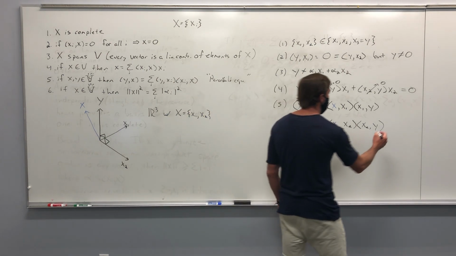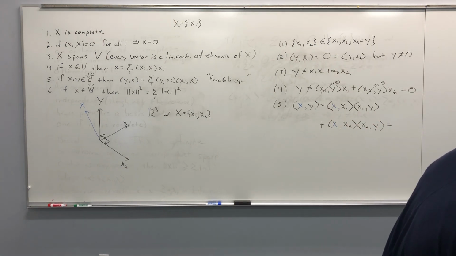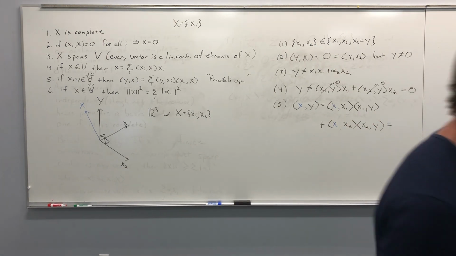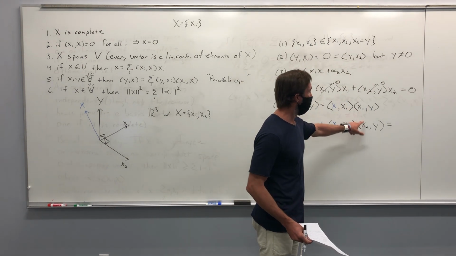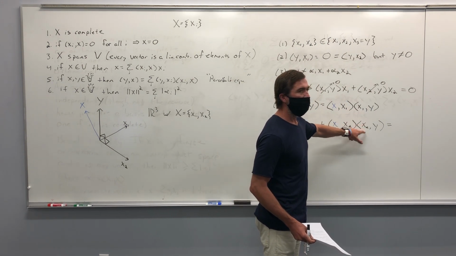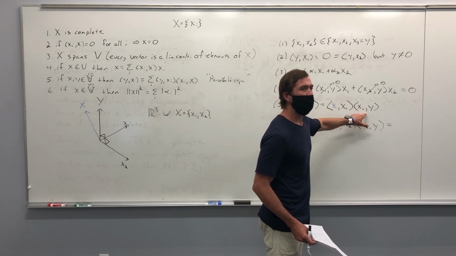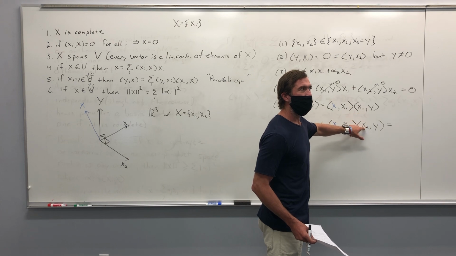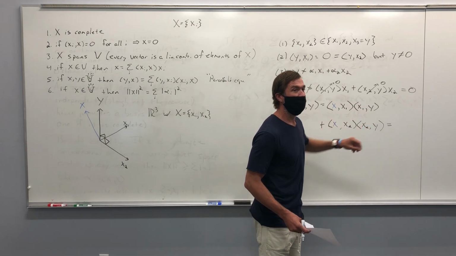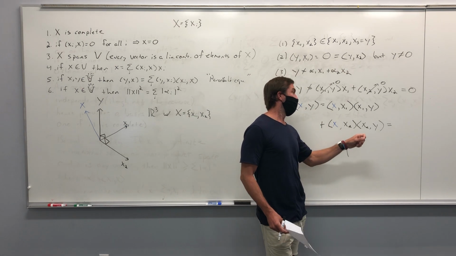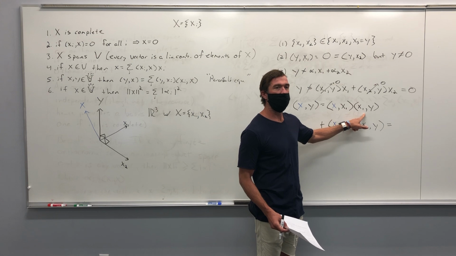What's this equal to? I'm going to ask somebody through the cards, so don't blurt it out if you know. Andrew! It's equal to 0. Why is it equal to 0? What is this equal to? 0, right?